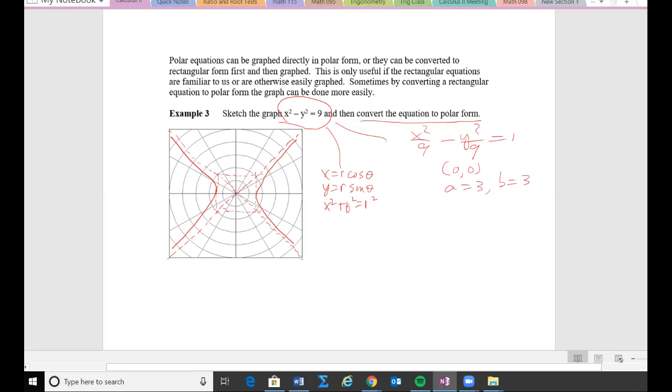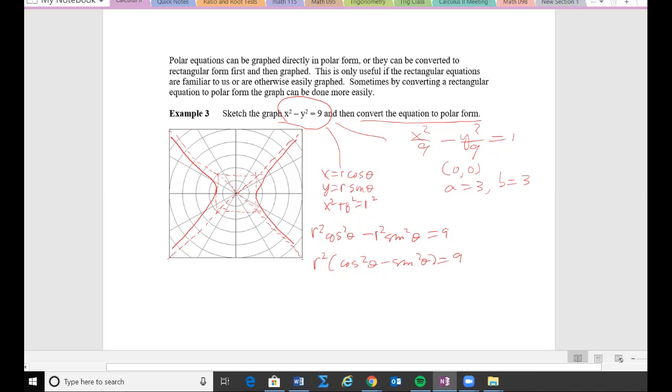I could write this as r squared cosine squared theta minus r squared sine squared theta is 9. And then I notice the r squared comes out, cosine squared theta minus sine squared theta. So technically this is the equation, but we can clean it up a little bit.